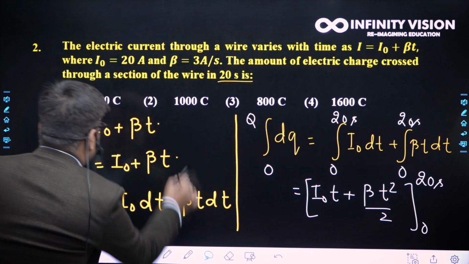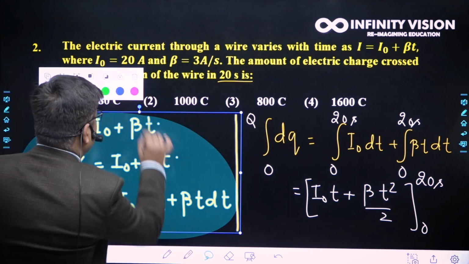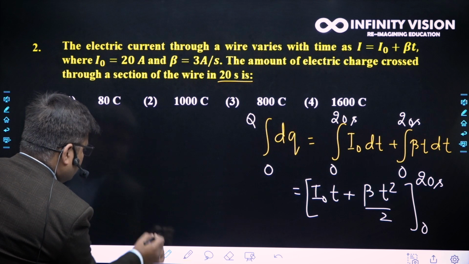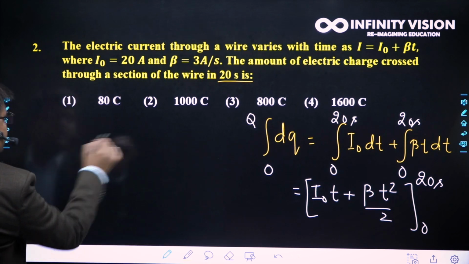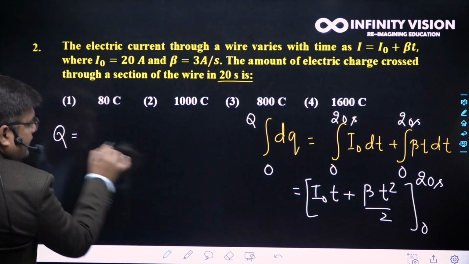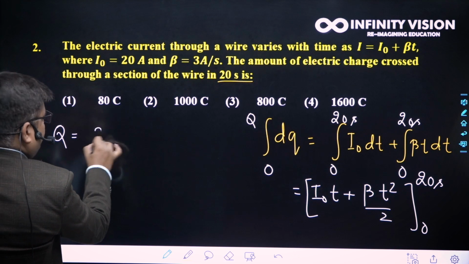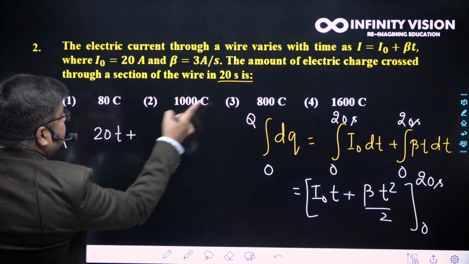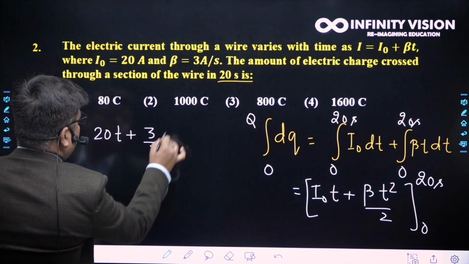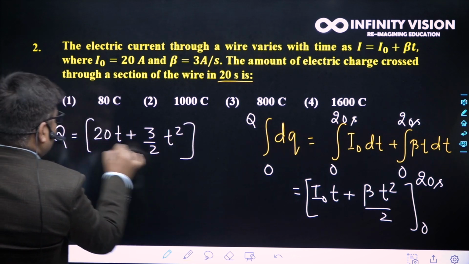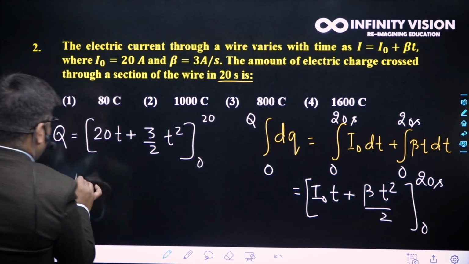So now substituting the values of all the quantities given in the question. Here dq will be converted into Q, and here I naught is 20 t plus beta is 3 by 2 t square, from 0 to 20.